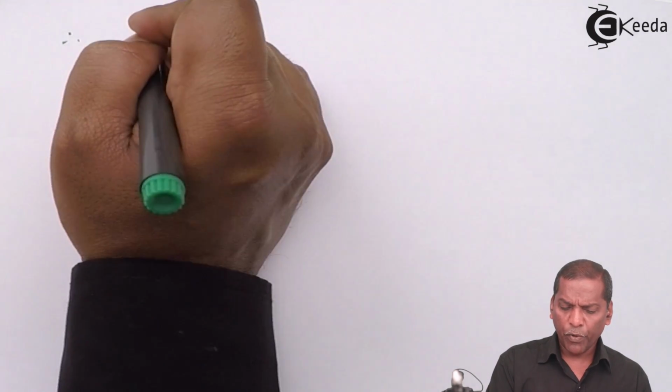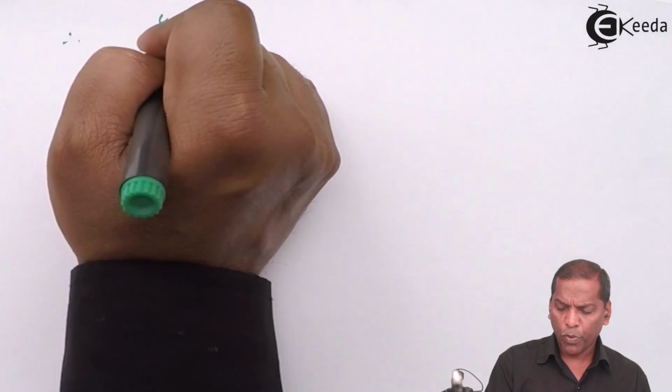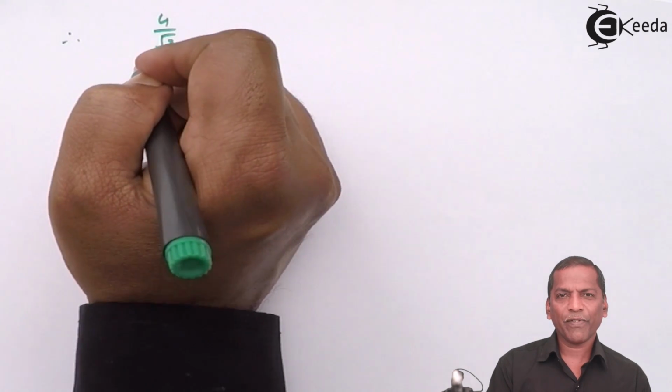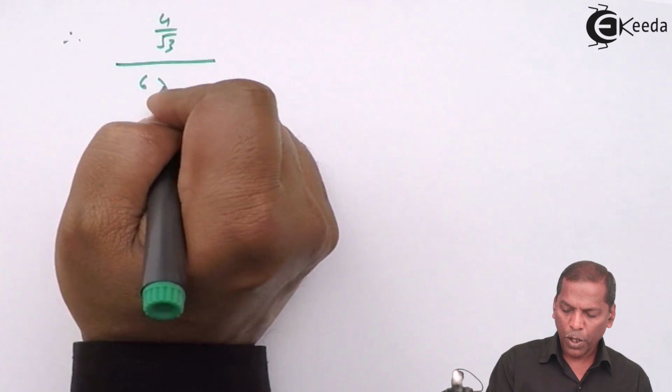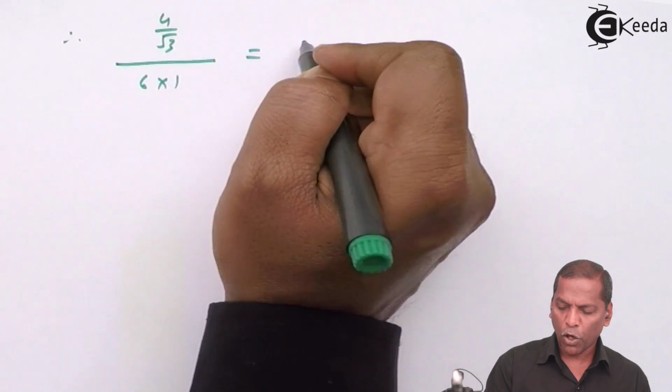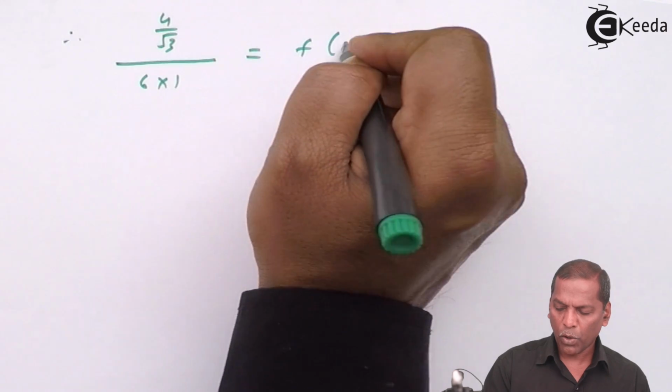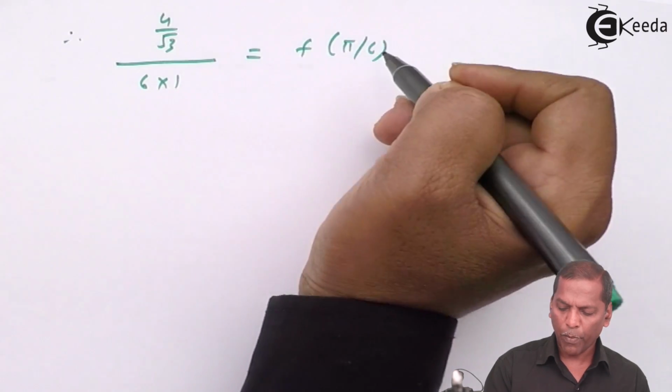So in this way we get totally 4 upon root 3 in the numerator upon 6 into 1 in the denominator, and that is equal to f of pi by 6.